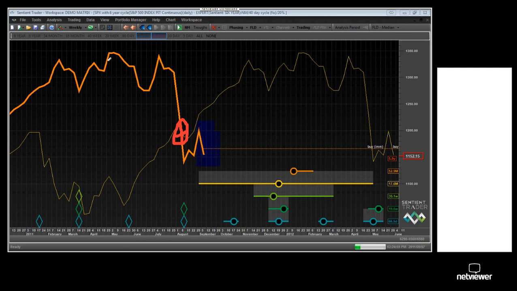The first thing that we do is we know that as price crosses that, that confirms that the highest point in the previous half a cycle is the peak. So therefore, we can say with some conviction that this point over here is a peak of the 18-month cycle. Looking at the 18-month FLD, it is giving us evidence of the 18-month cycle. So this here is a peak of the 18-month cycle.